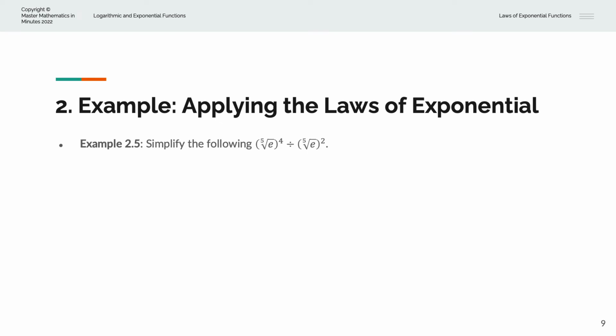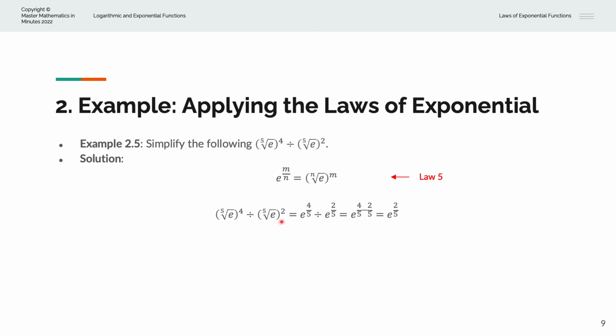So the fifth example is where we're asked to simplify the fifth root of e to the power of 4 divided by the fifth root of e to the power of 2. And we'll apply the fifth law. So according to the law, the fifth root of e to the power of 4 can be rewritten as e to the power of 4 divided by 5.